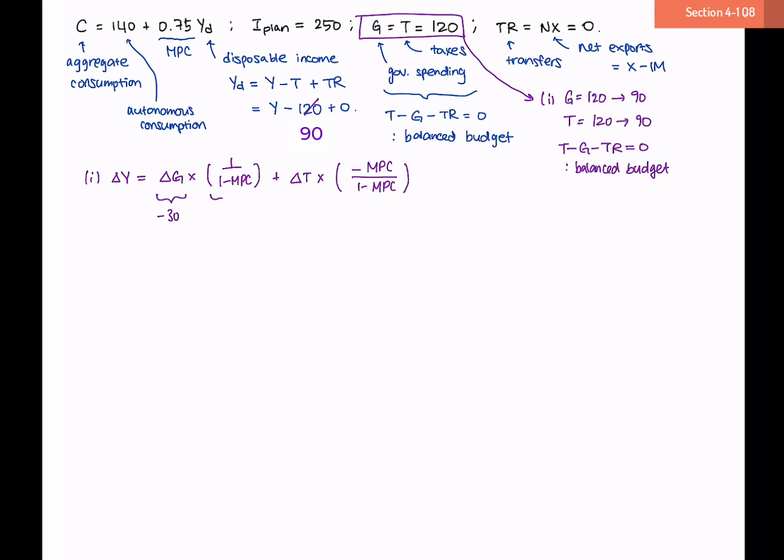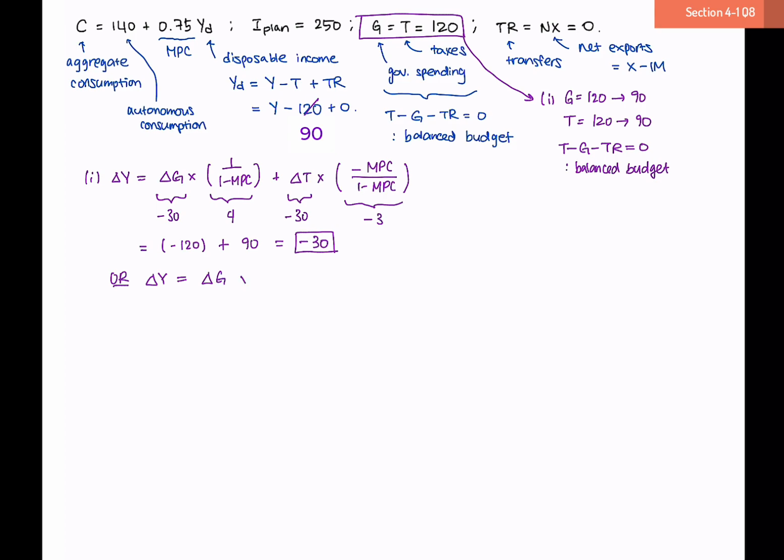We have our government spending initially falling by 30, and we know that's going to go through our spending multiplier of 1 over 1 minus MPC. At the same time, our taxes are also changing. They're falling by 30, and because it's a change in taxes, it's going to go through the tax multiplier, which is negative MPC over 1 minus MPC, which we already found out to be negative 3. So the total change in your output ends up being minus 30.